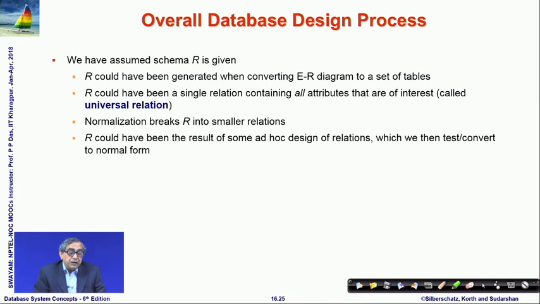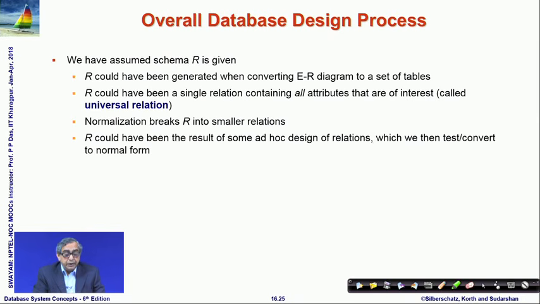So, in the overall process, if we look at what we have been doing, there are several tracks that we could be taking. One possible thing is the whole set of attributes was generated when we converted the entity relationship diagram, the UML or the ER diagram, into a set of tables. That is how we got our set of attributes of the relational schema.